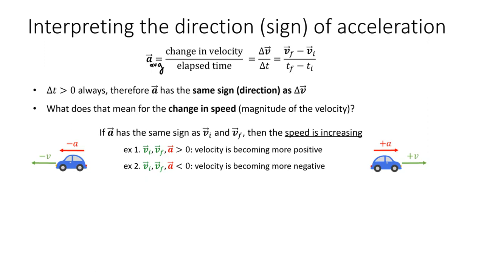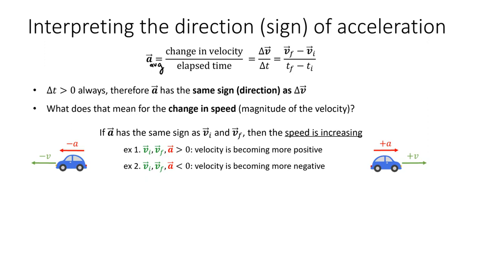Well, then we would be getting a more negative value for our final velocity. So it would be increasingly negative, which means that it would have a bigger magnitude at that final time than at the initial time. And so again, we would say the speed is increasing because it's becoming a bigger negative number. Okay, so it's a little bit counterintuitive there.